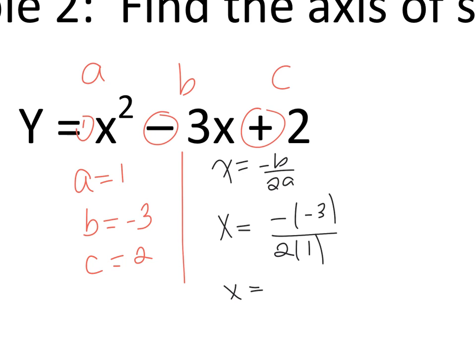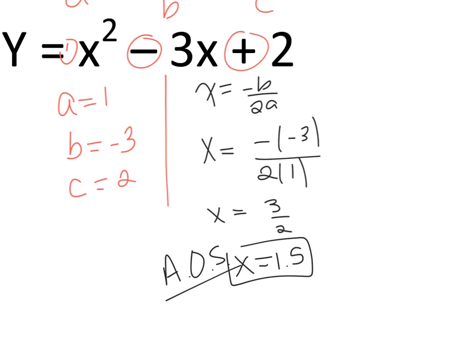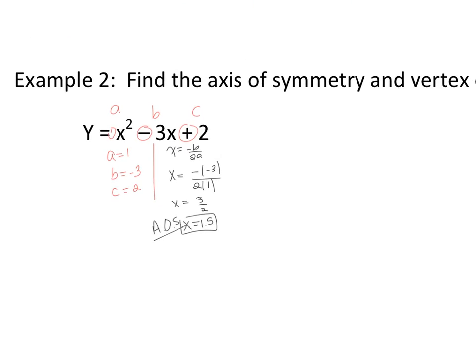Negative of a negative 3 is a positive 3, so I get x equals 3 over 2, because 2 times 1 is 2. If you want, since we don't really like fractions, we can simplify this to be x equals 1.5. That is your axis of symmetry, or your AOS. Okay, so x equals 1.5.